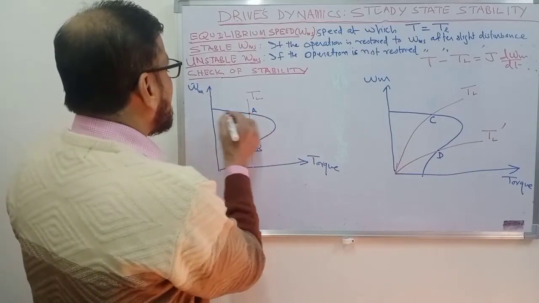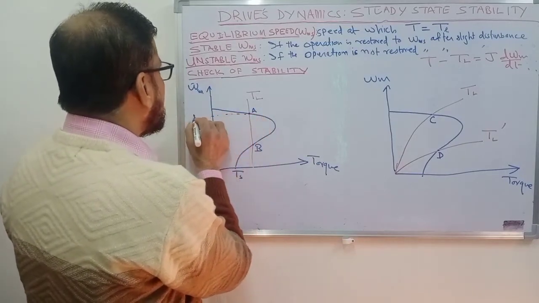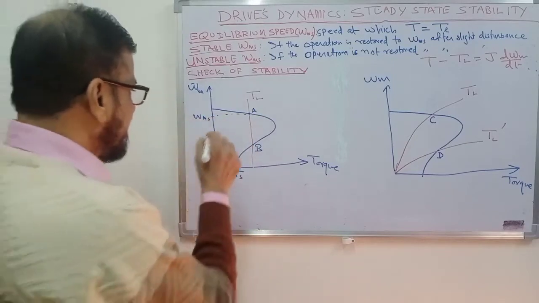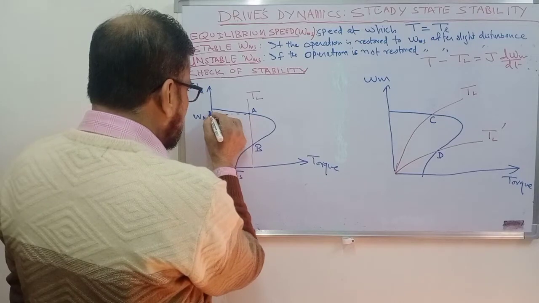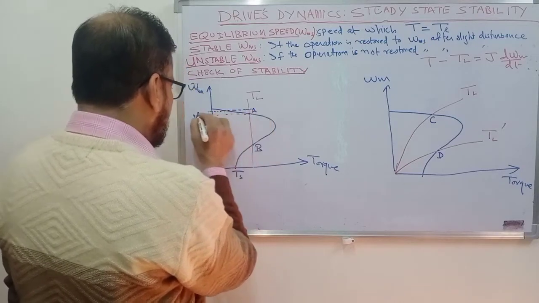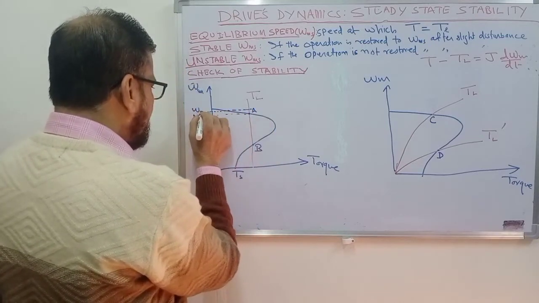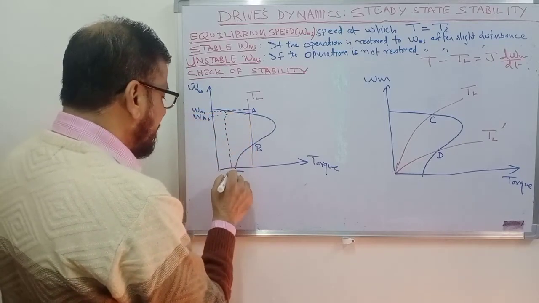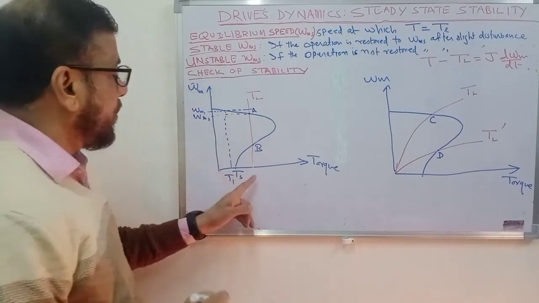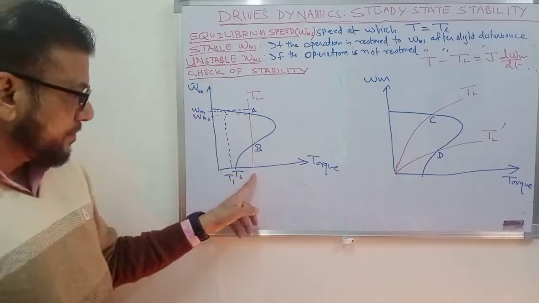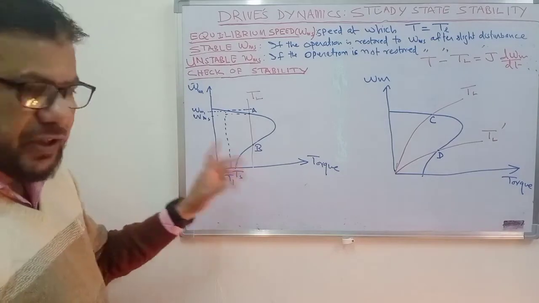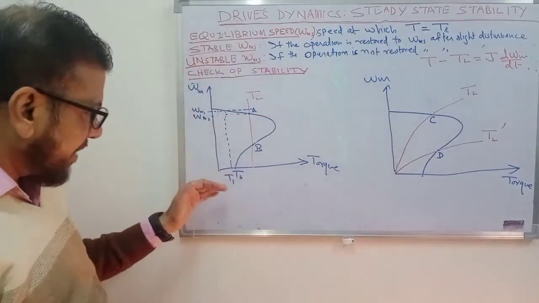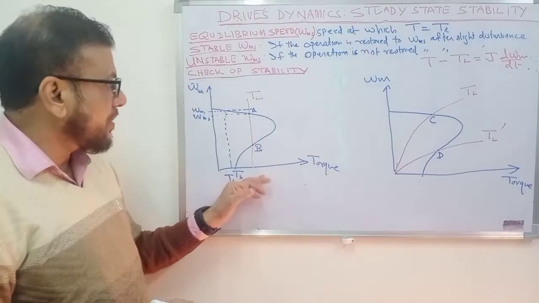You increase the speed slightly. This is the steady state, equilibrium speed. We increase the speed slightly to omega m1 and see what happens. This causes motor torque to become equal to T1. Load torque is constant, it's not changing. So motor torque has become less than the load torque, or in other words, the driving torque has become less than the braking torque.